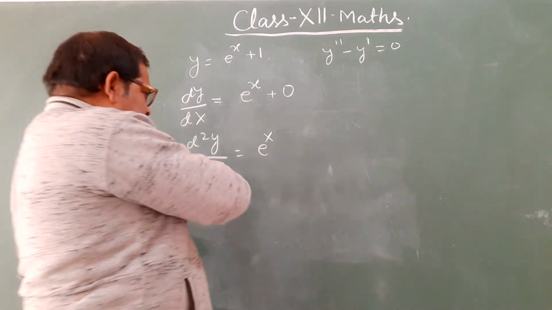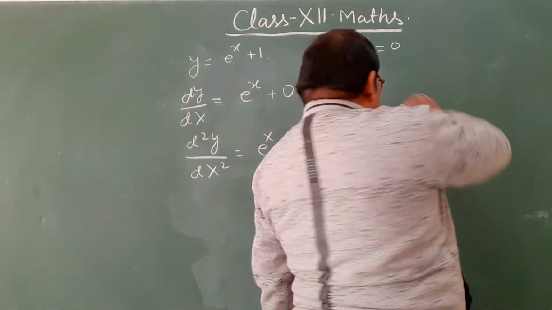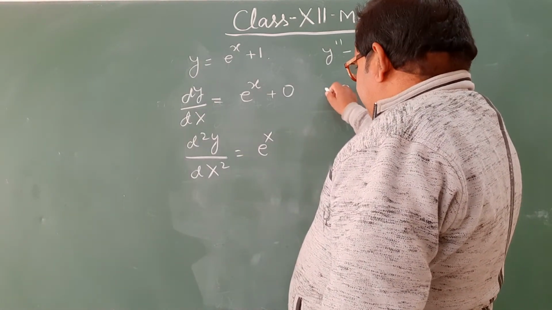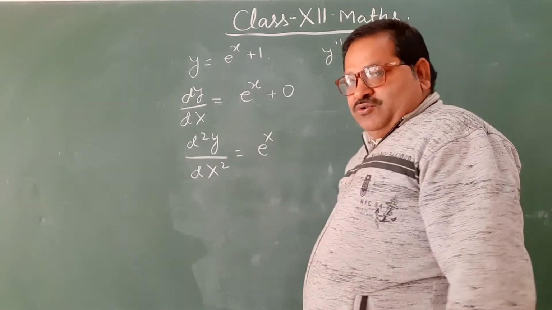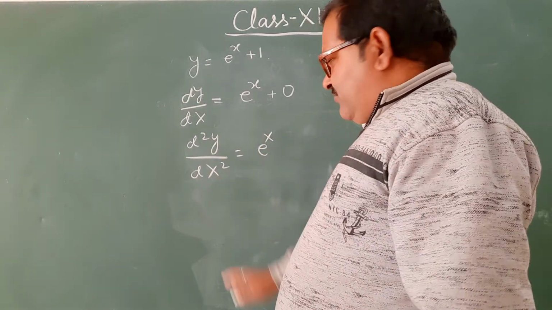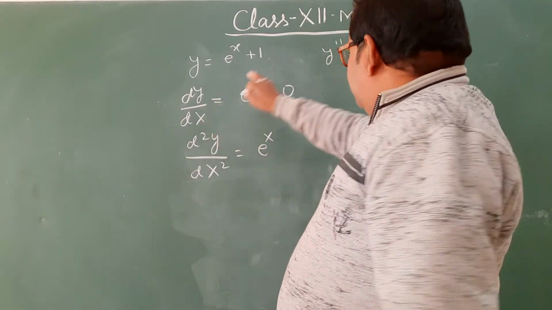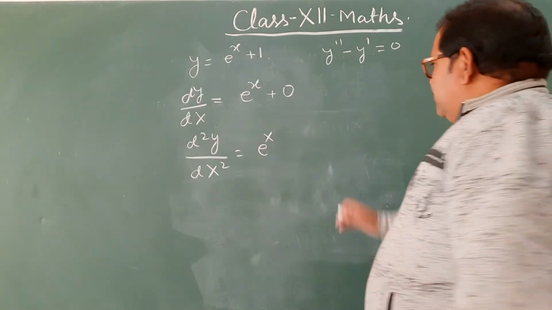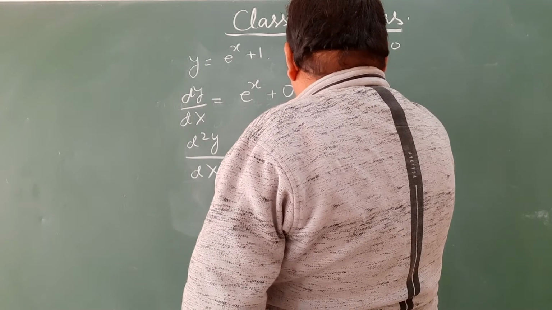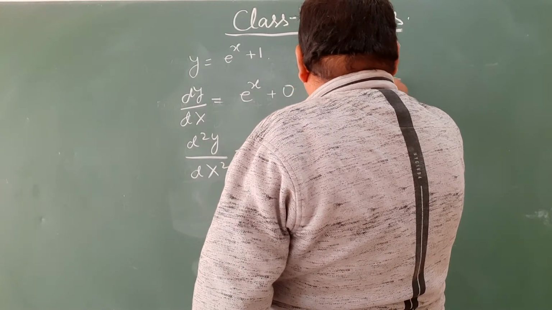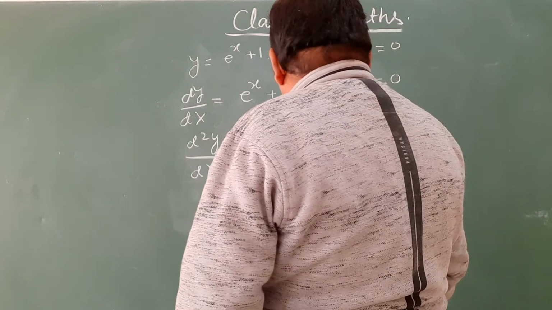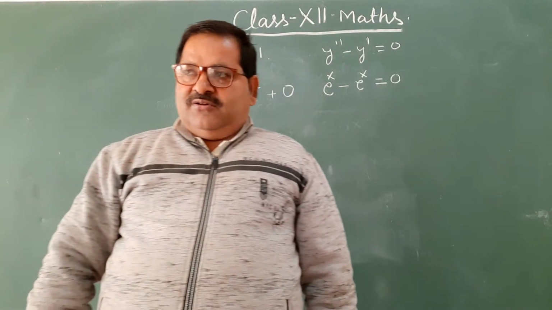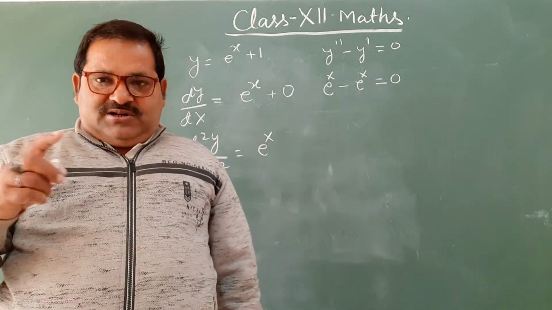Put the values of d2y upon dx square and dy by dx in this equation and verify the result. So e power x minus e power x is equal to 0. So we verify the result.